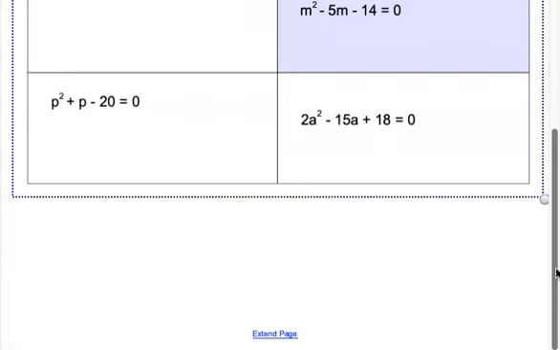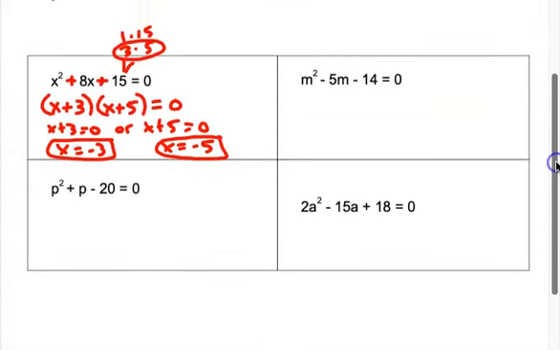Let me just give myself a little bit more space on this one. Okay, that's better. So this one, we have one side equal to 0, so we're set there. So we're going to factor this now. Okay, now I see that I have a -c term, which means I need one plus and one minus sign for my signs. Now I'm looking at the factors of 14 and seeing if any of them are 5 apart from each other.